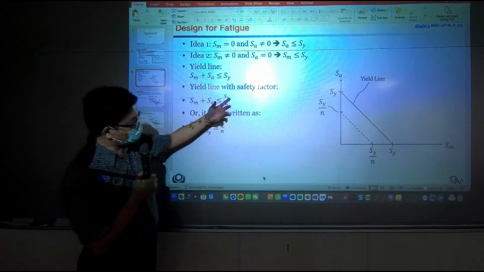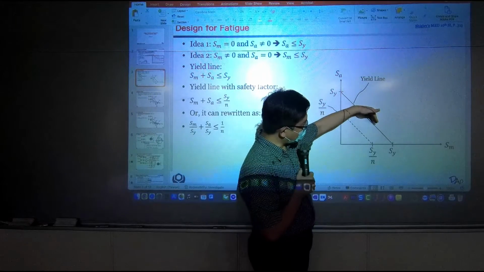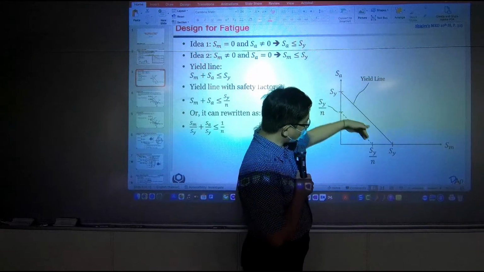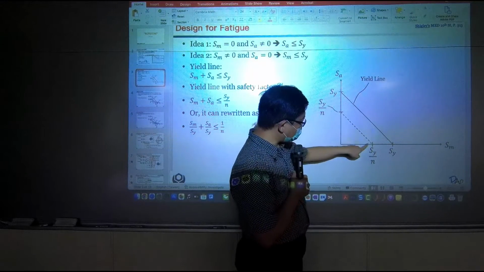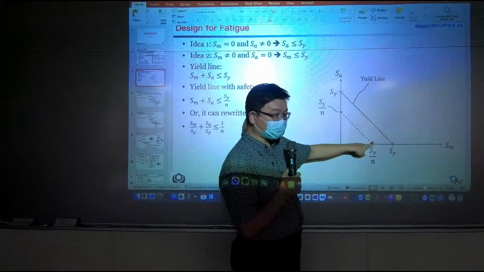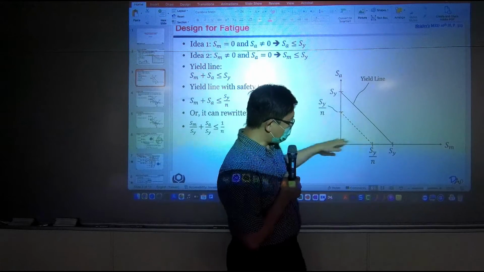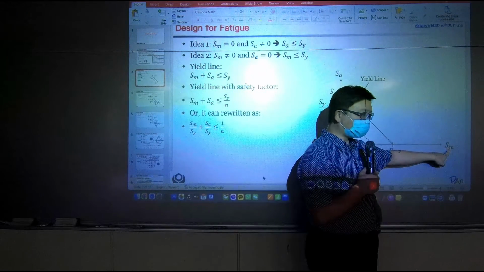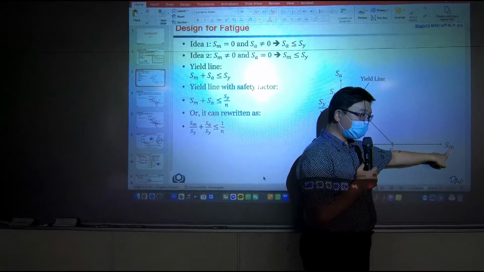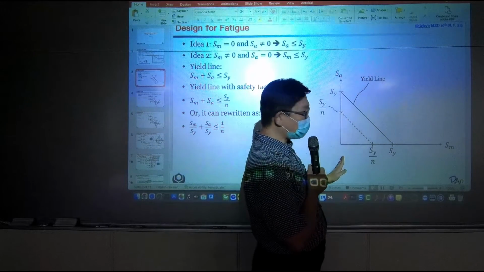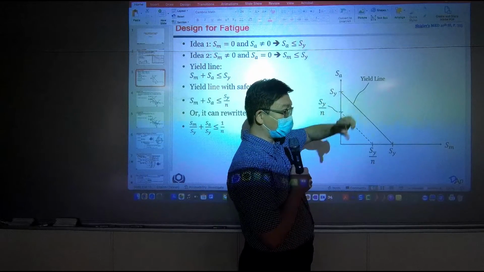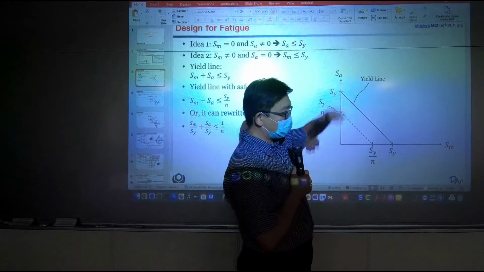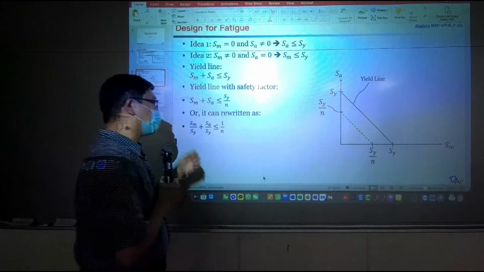Okay, so when we apply a safety factor, basically we have a more conservative boundary of our design. Our design has to be within this triangle. The horizontal axis is the average or mean of your stress, and the vertical axis is the amplitude or the range of your dynamic loading.